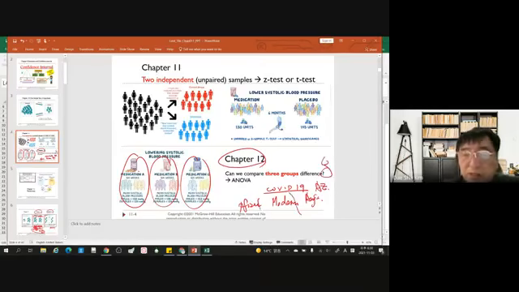We want to test which immunization vaccine is more effective and so on. With more than 2 groups, we will use the ANOVA test.